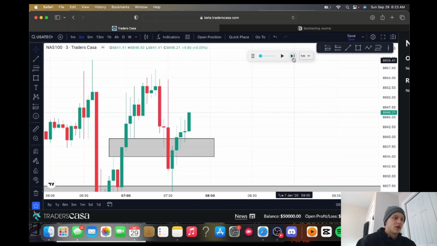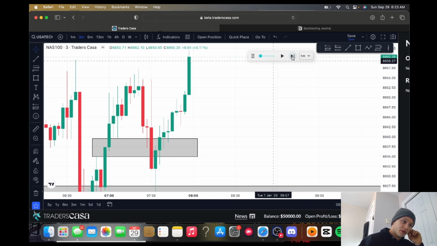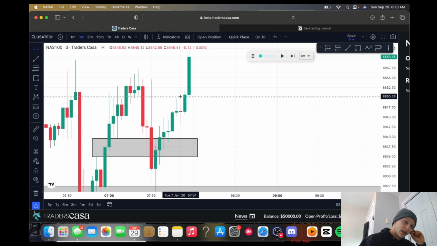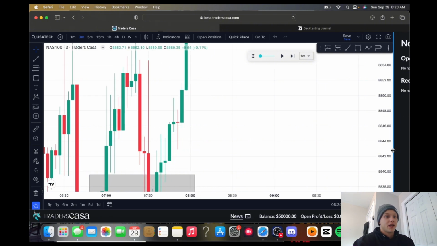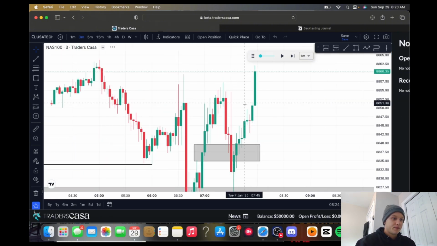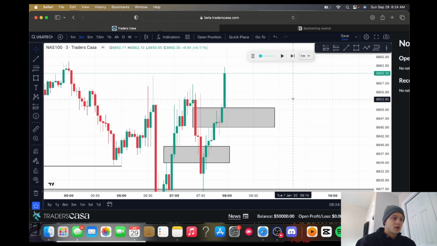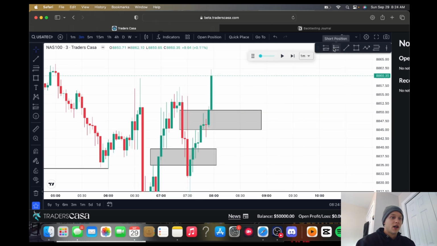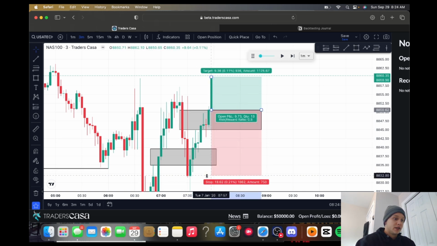Like, you definitely could long this 3-minute, but I don't know. It just doesn't look ideal to me. And anyways, it wouldn't have worked out regardless. Or yeah, it would have. That's funny. Could have inversed this 3-minute, could have taken the 3-minute fair value gap right here. Totally could have taken this. I personally wouldn't, because your stop loss would be like literally down here.